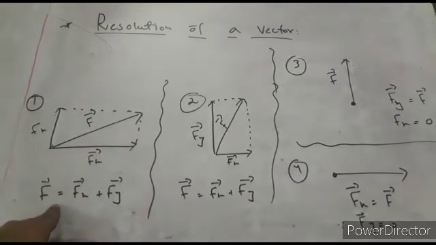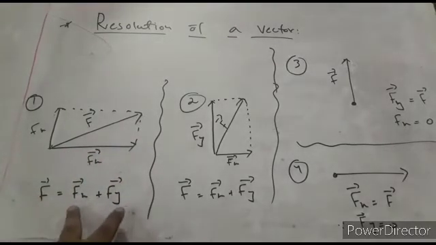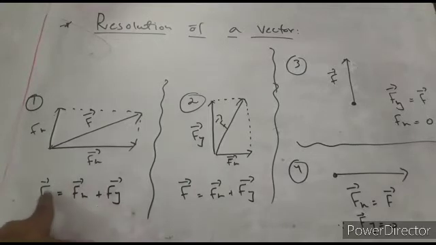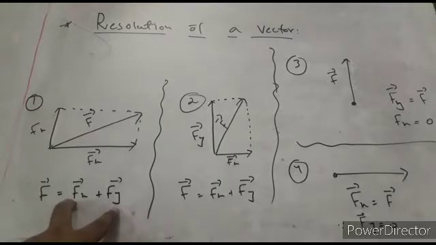So this vector F is split into these two components, and if we add these vectors by the head to tail method, then we again have the same vector as the resultant vector. Not by simple mathematical addition, we have to add these vectors by the head to tail rule again to get this vector, or by applying the formula.